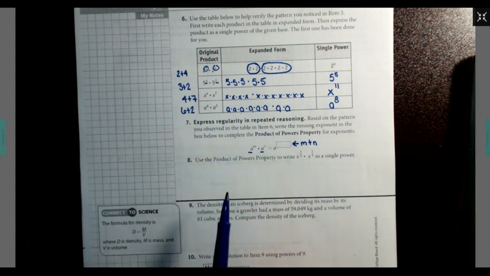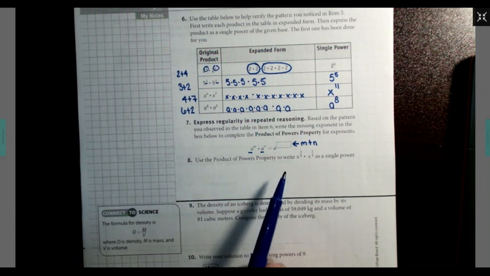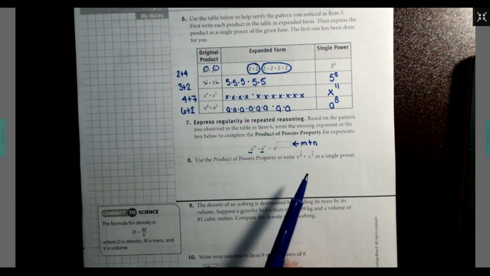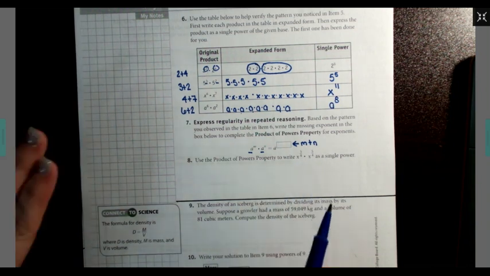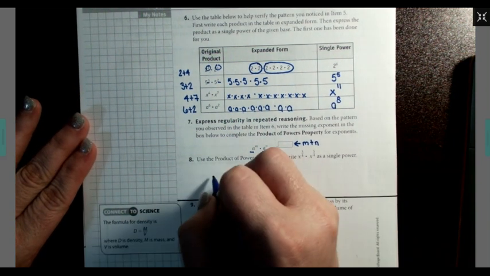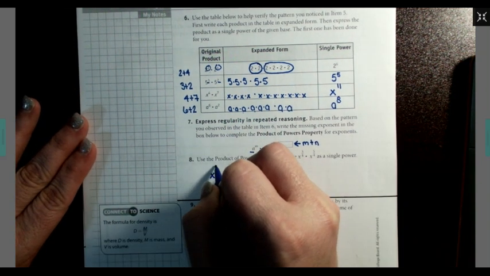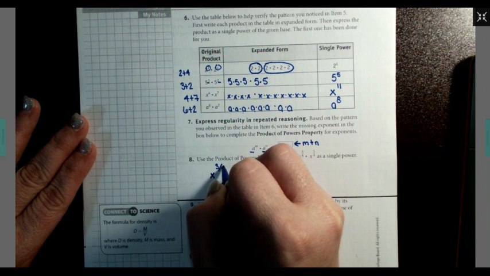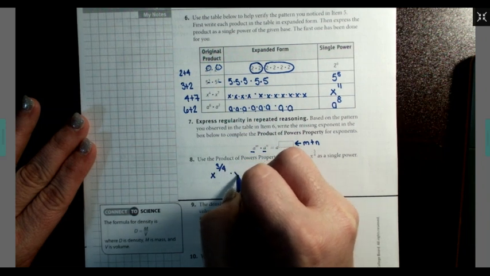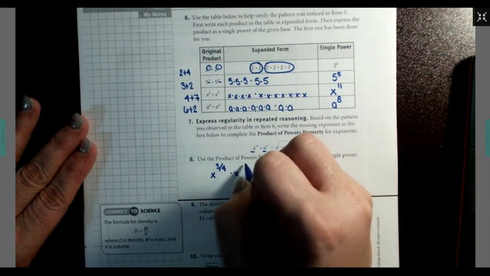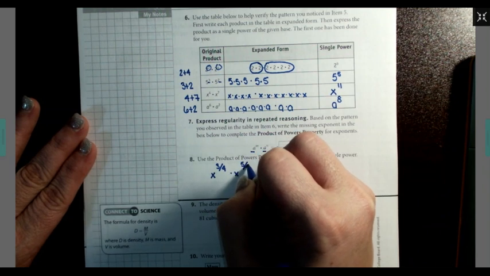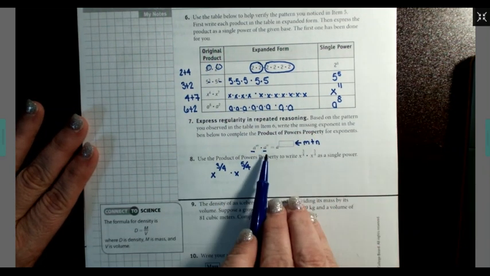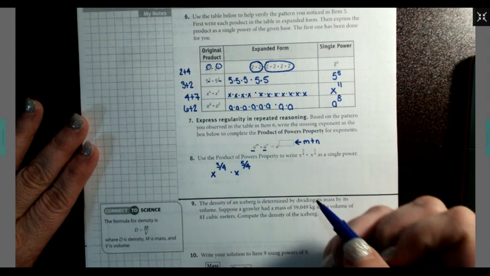Okay, use the product of powers property to write x to the 3/4 times x to the 5/4 as a single power. So x to the 3/4 times x to the 5/4. Now remember, this thing says take your exponents and add them.